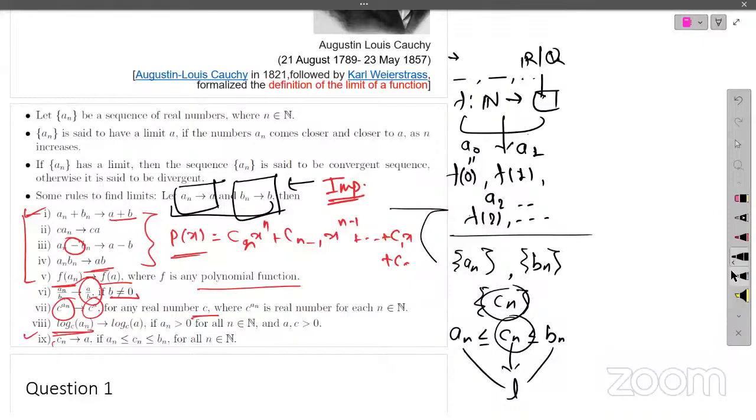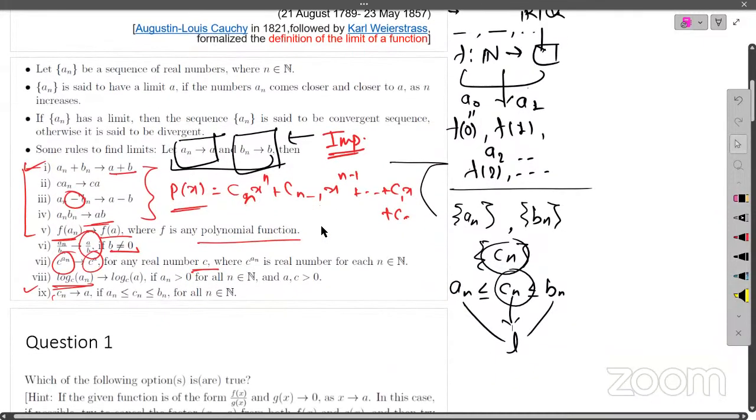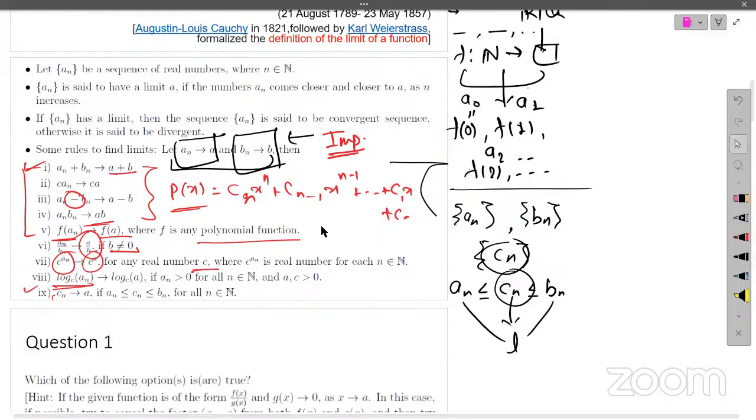So this is also known as the sandwich property. We are sandwiching the cN sequence in between aN and bN.